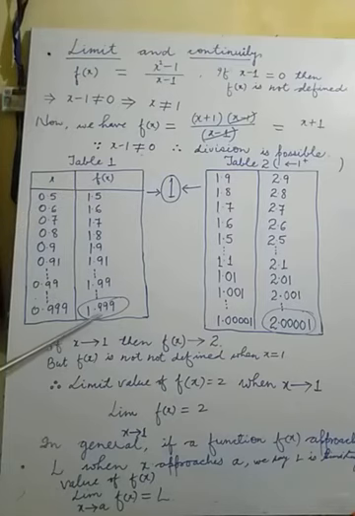See, 1.999. If the approximate value is taken, this is approaching 2. What does this mean? If x approaches 1, the value of f also approaches 2.